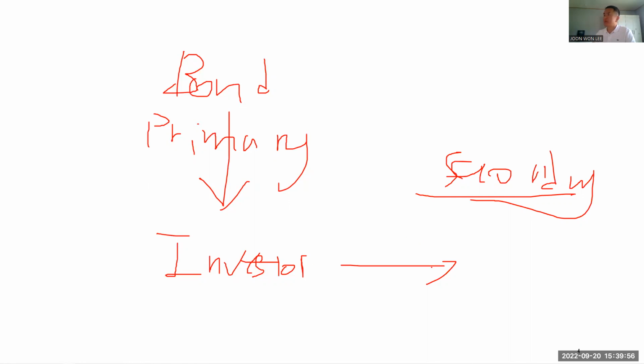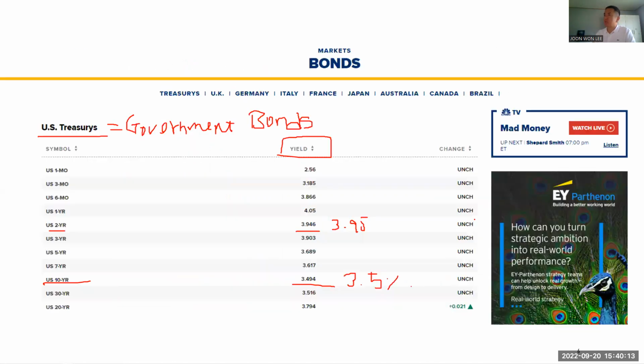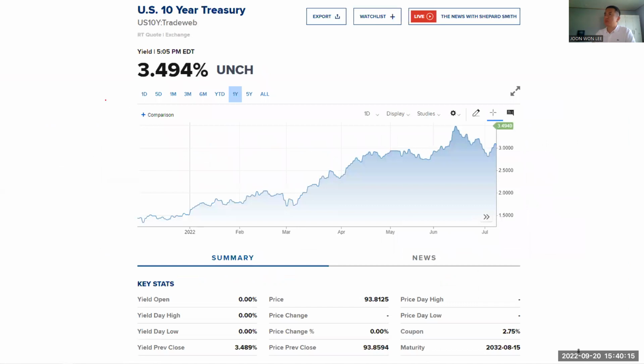Unlike the stock market, in the bond market the price is usually quoted in yield. That's why we have these big numbers, and the price number is pretty small, right?